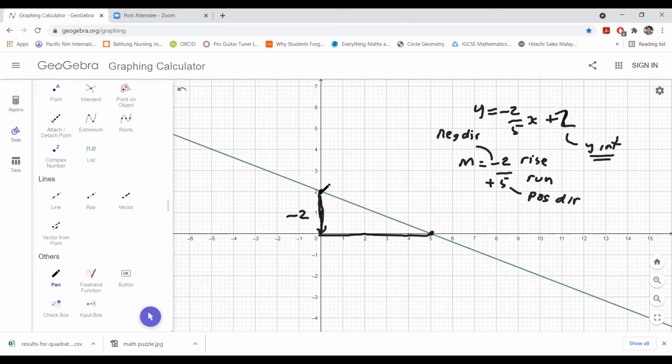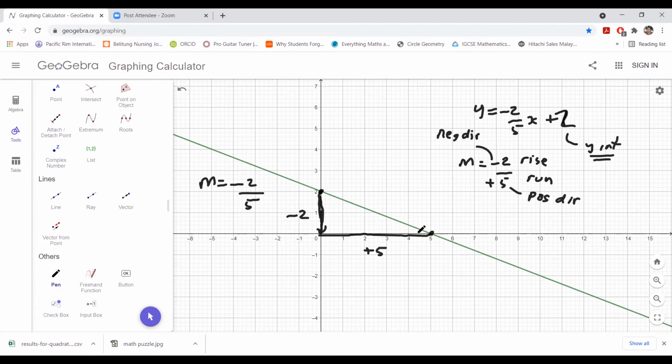So you have this point, this point. So this is plus 5 and that's negative 2. So if I see that, I know the slope will be the rise, which is negative because you've gone down, on 5. You could go in a different direction, but you'll still get the same answer. So down 2, across 5.